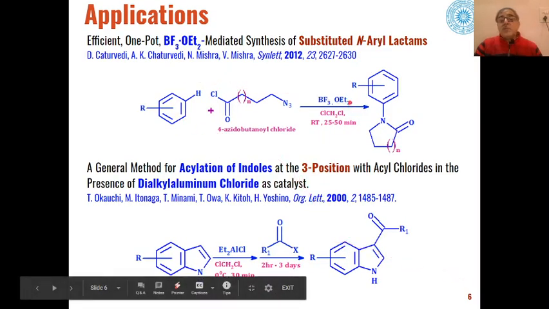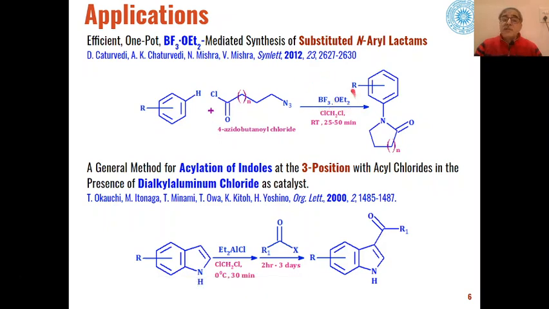In another example, boron trifluoride etherate will be used for the Friedel-Craft acylation of 4-azido-butanoyl chlorides as the substrate on an aromatic system.